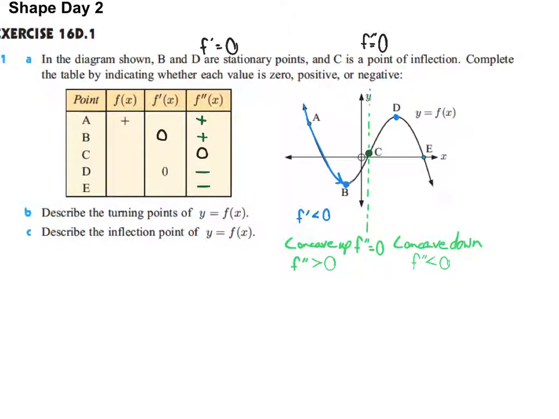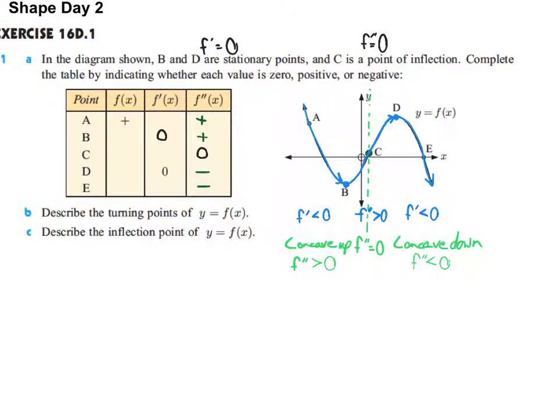Then from B up to D, it's increasing, so f prime between B and D is positive. And from D over to positive infinity, f prime is negative again.